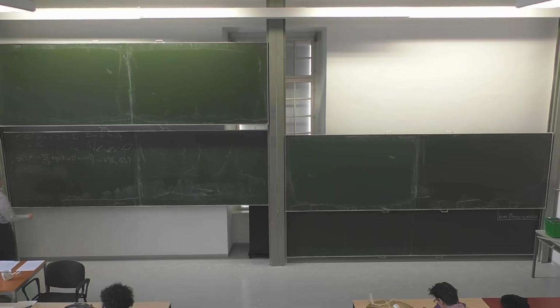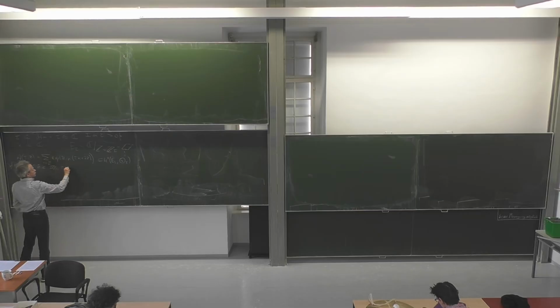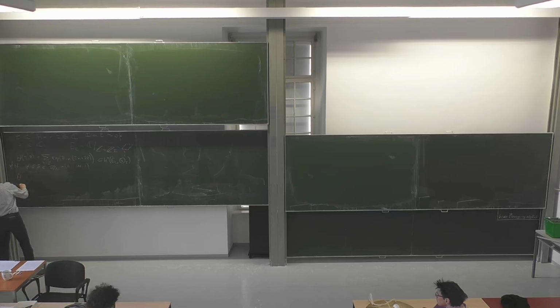My main interest will be level 2, but anyway, for any n, and for any epsilon and delta being integers from 0 to n minus 1, the theta function of level n with characteristics epsilon delta is, unfortunately, quite a mouthful to say, and you have to specify n even though it doesn't appear in the notation here.